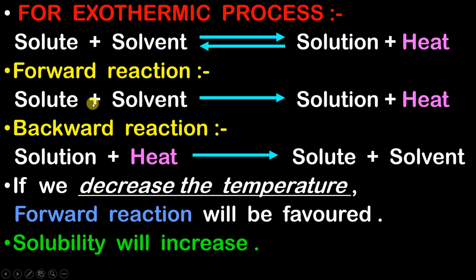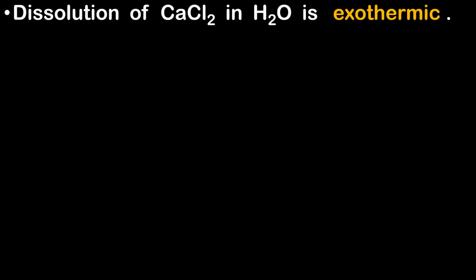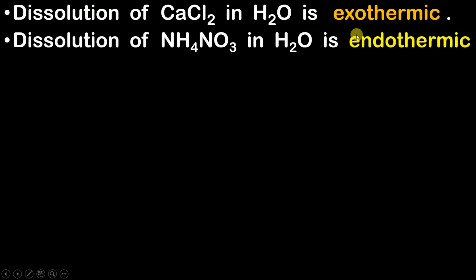Now moving on further, let me tell you all that this trend that we observe, for an exothermic process or an endothermic process, is for most of the reactions in general, but there are certain exceptions that we need to keep in mind. For example, the dissolution of CaCl2 in H2O is an exothermic process, whereas the dissolution of NH4NO3 in H2O is an endothermic process.